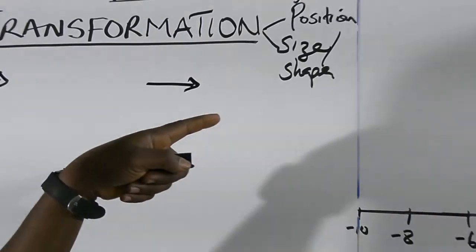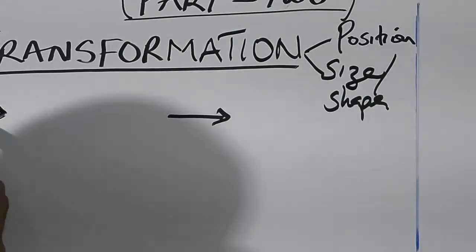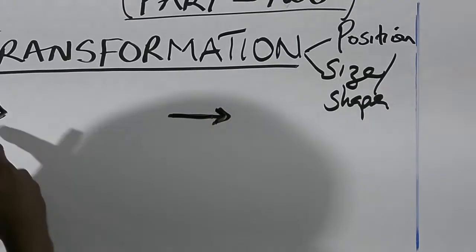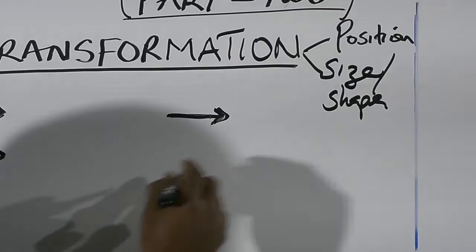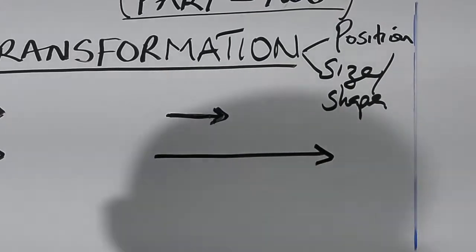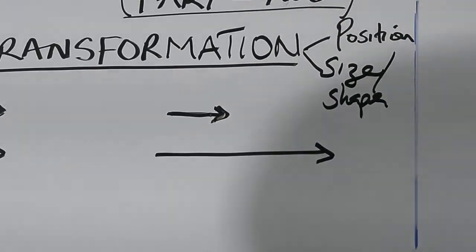So I have changed the position in that case. I can also change, let's say this was the vector originally, now I have changed its position to that. But I can also change this vector by transforming its size, meaning I make it bigger.